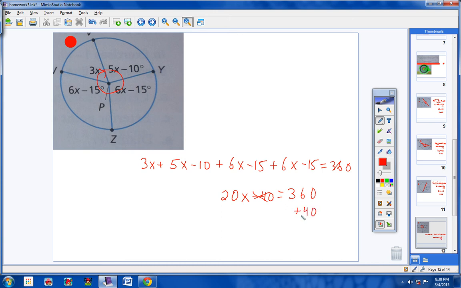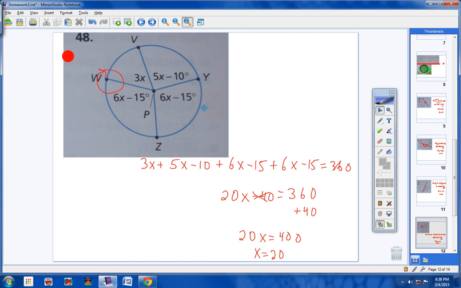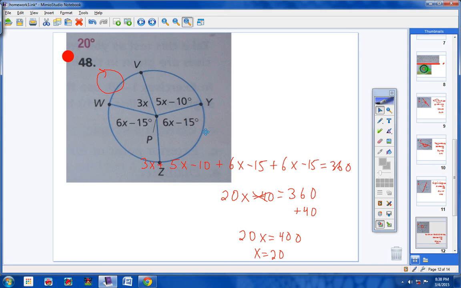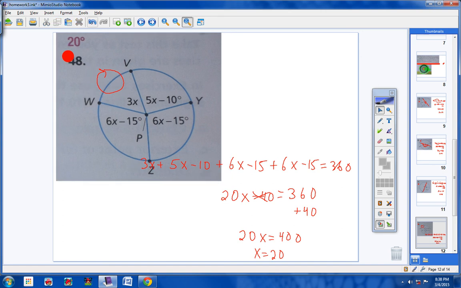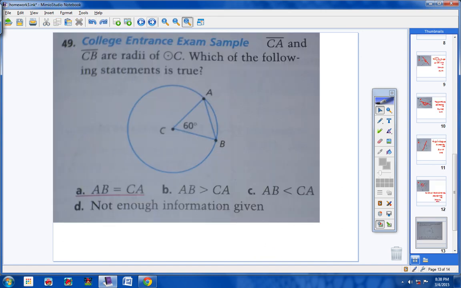So now you're left with 20x equals 400. Divide both sides by 20, and x equals 20. There it is, 20. Alright, students, let's move on to the last two. Number 49. CA and CB are radii. So this is a radius right here.